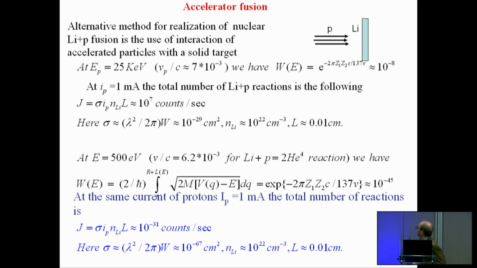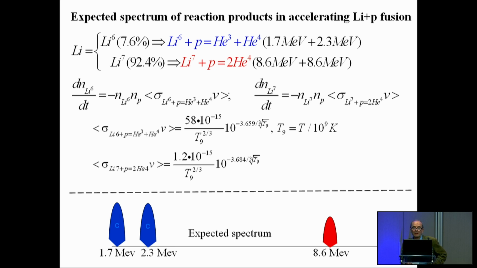If we have the same current of accelerating particles but at low energy, for example 500 electron volts, the particle release is 10 to the power of minus 31 counts per second. It is a factor of zero. Yes, that is the standard point of view.